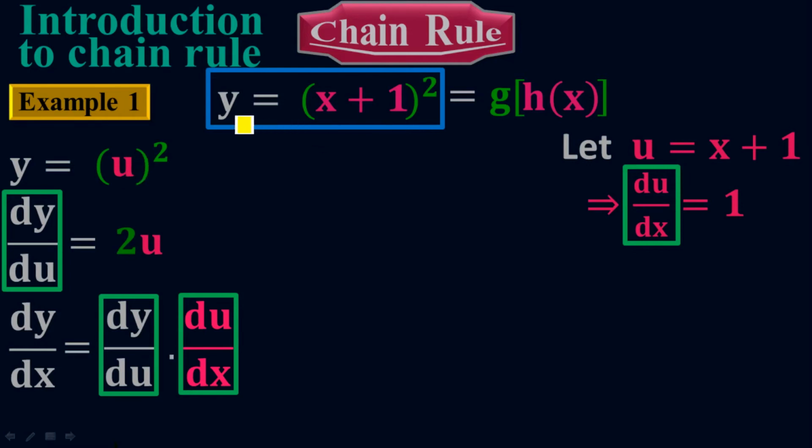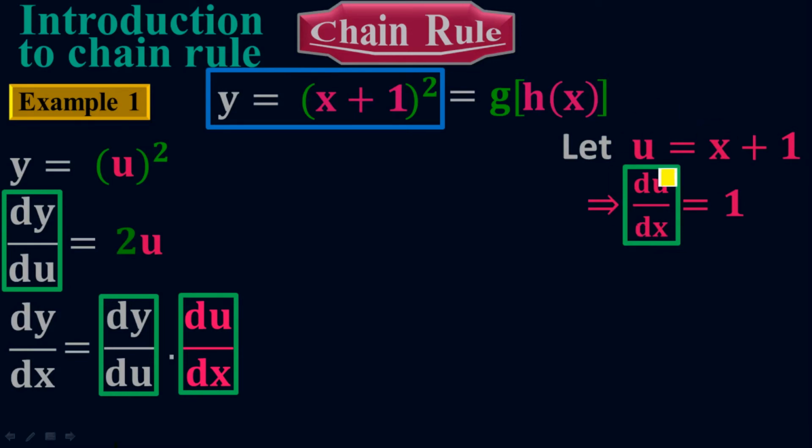Similarly, when I take the derivative of this expression, it will be dy over dx, because it is with respect to x, not with respect to u. But it actually equals dy over du times du over dx.